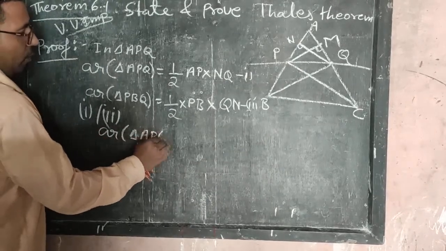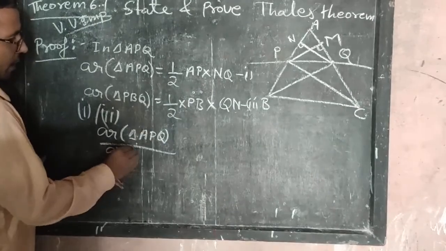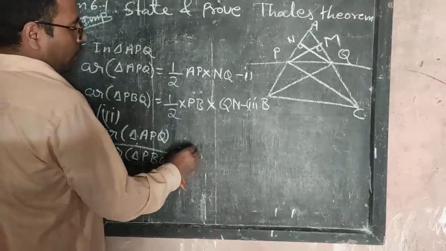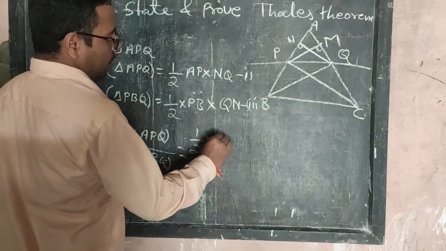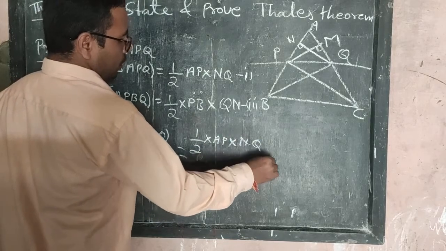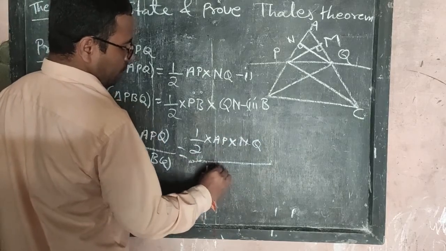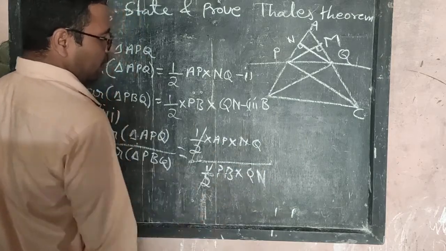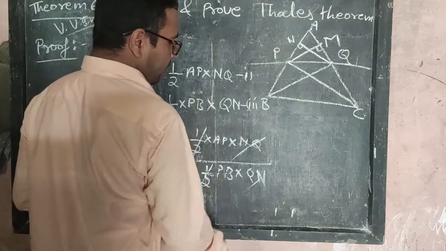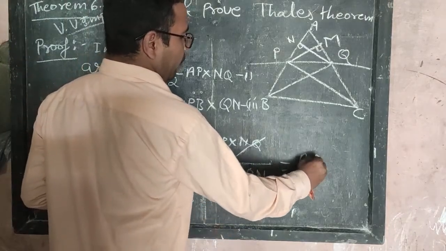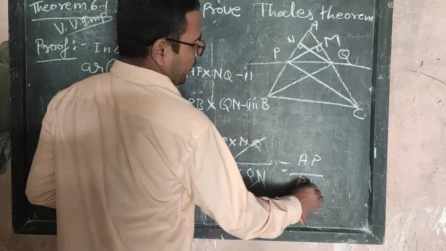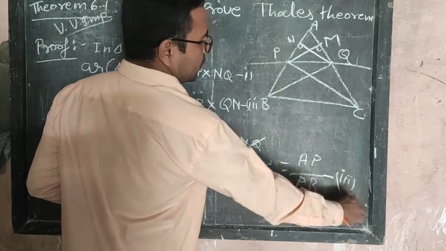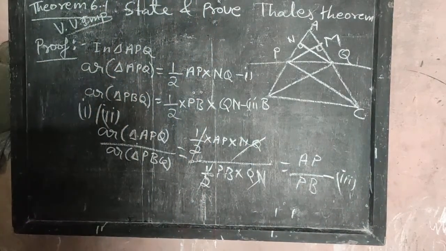Area of triangle APQ upon area of triangle PBQ is equal to 1/2 AP into NQ upon 1/2 PB into QN. 1/2 and 1/2 can be cancelled, NQ and NQ can be cancelled. You will get AP upon PB. Make this equation number 3.